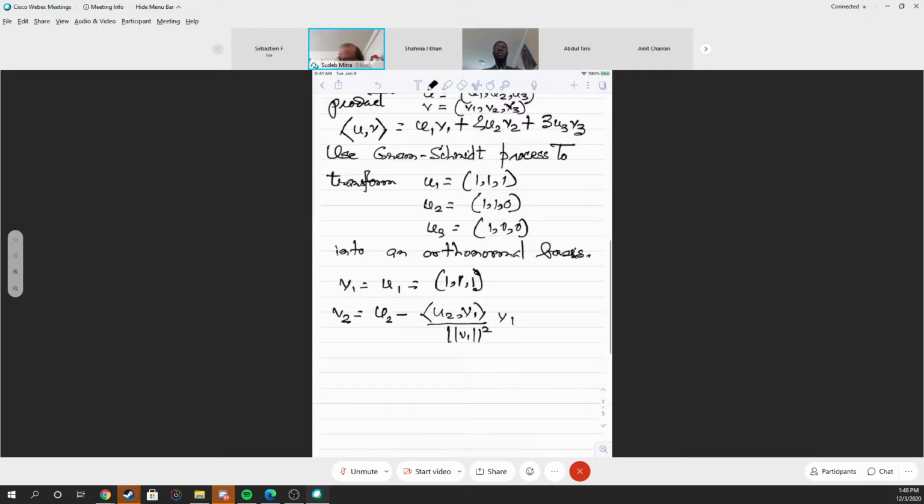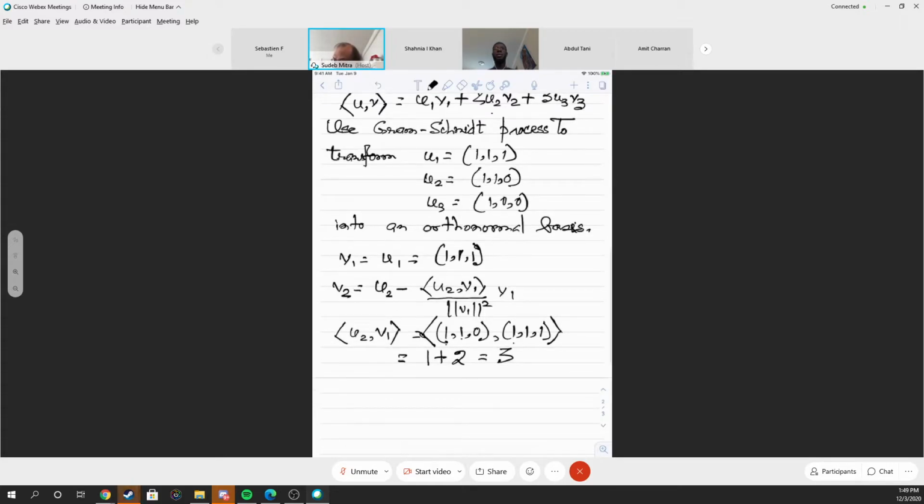Now wait. So the inner product of U2 and V1 will be what? U2 is 1, 1, 0, and V1 is 1, 1, 1. Be very careful. The inner product is U1 V1 plus 2 U2 V2 plus 3 U3 V3. So that is 1 plus 2, but U3 is 0, so that is 3.